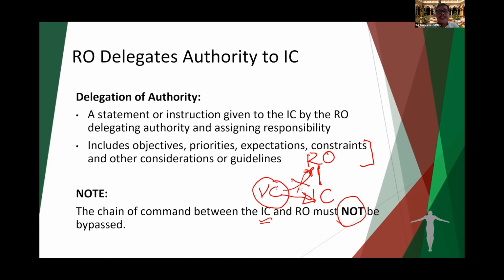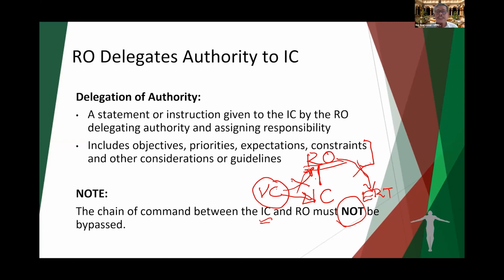And it will be the incident commander who will report the ongoings or the actions taken by the IMT directly to the responsible official. Similarly, the responsible official will communicate directly to the incident commander, and the responsible official cannot go directly to the emergency response teams.